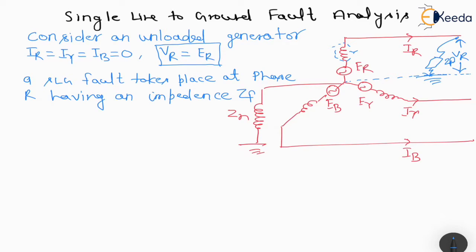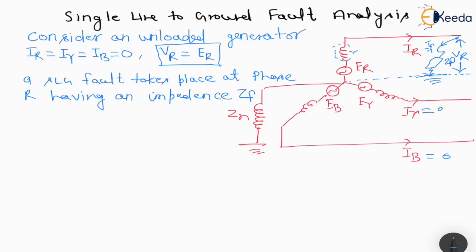So what happened after the fault? The fault current becomes IR current and still IY is 0 and IB is 0, because our generator was unloaded and the fault is happening on the R phase.